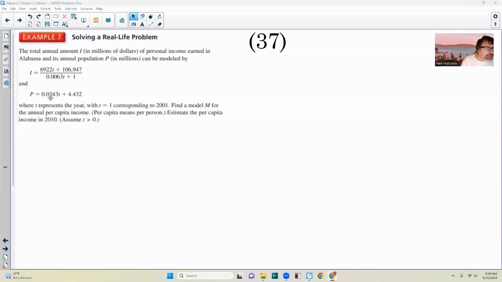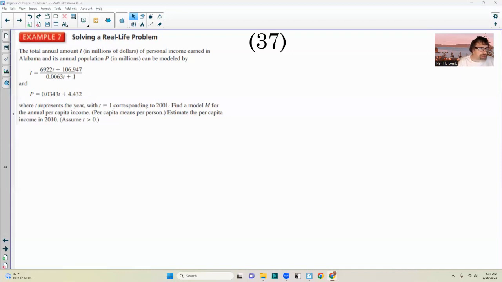And P equals 0.0343 T plus 4.432. Okay, where T represents the year, with T equal 1 corresponding to 2001.